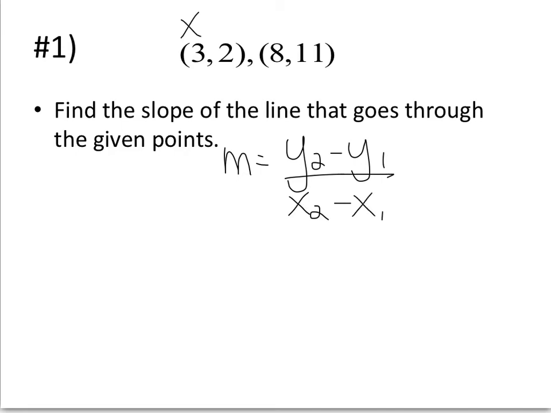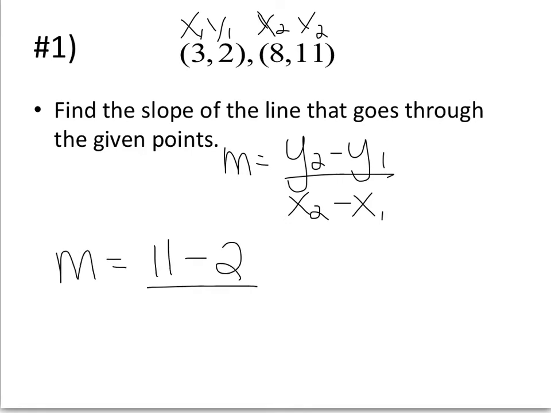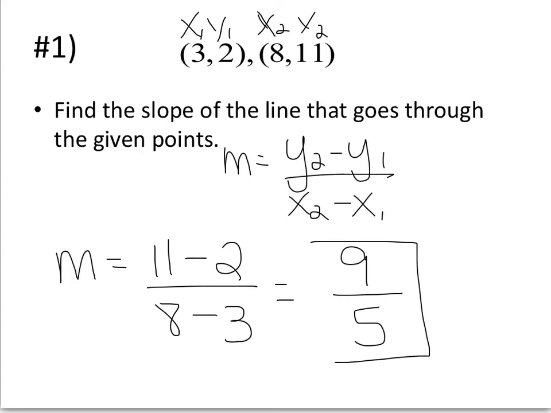So we always label x1, y1, x2, y2. Okay, so we plug in. M is equal to y2 is 11 minus y1 is 2 over x2 is 8 minus x1 is 3. 11 minus 2 is 9 over 8 minus 3 is 5. So your slope is 9/5 for number 1.